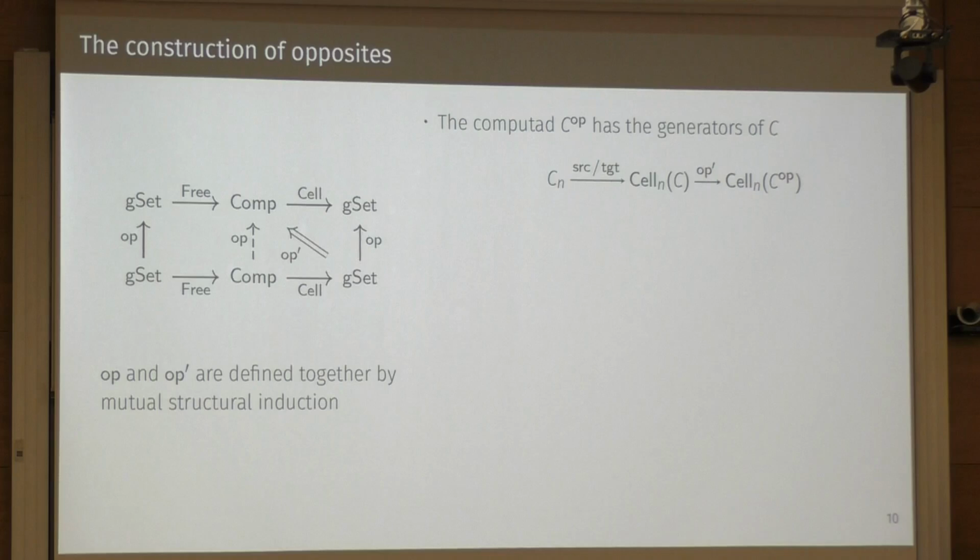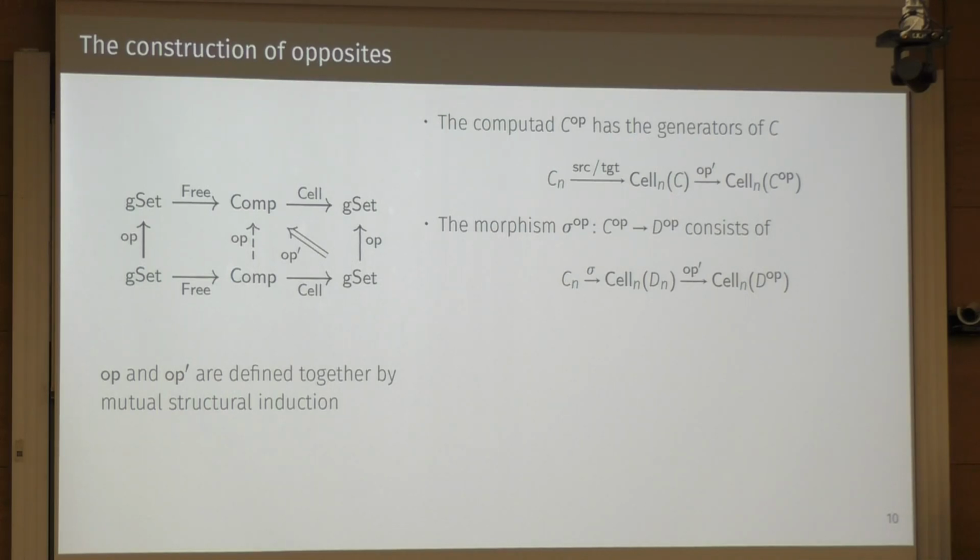So the computed C-op has the same generators as the computed C, with source and target exchanged, and composed with the natural transformation of prime to make sure that we get the correct type, I guess, the correct targets for this function. On the other hand, for a morphism of computeds, we basically do the same thing.